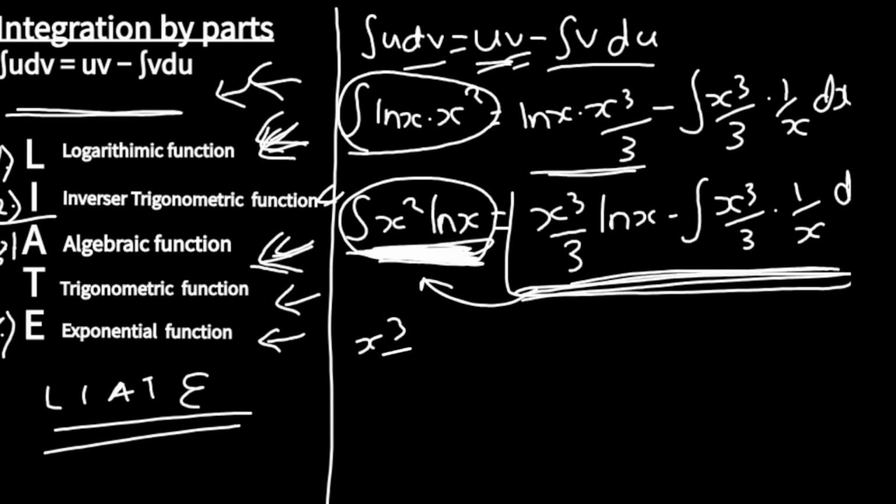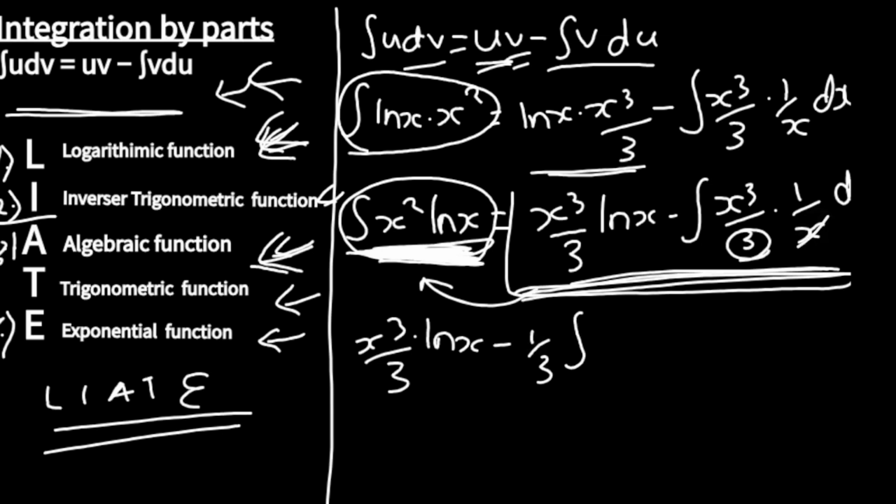This is x cubed over 3 ln x minus, whenever you have constants in the integral, you push them outside the integral sign. So here we have this 3, which is the same as a third, right? A third, the integral of this.